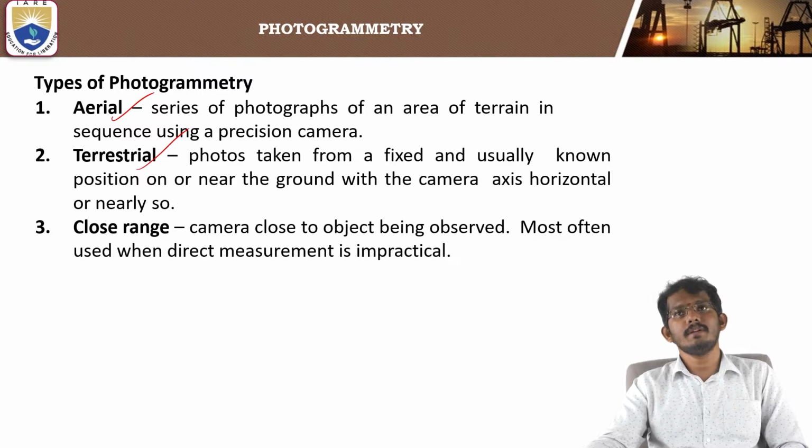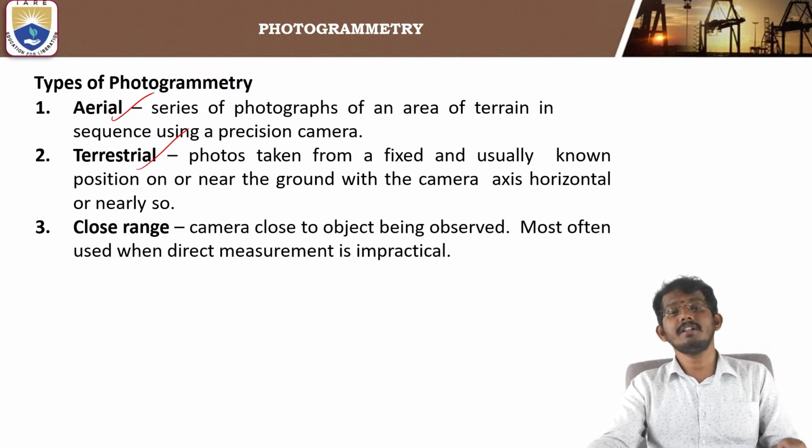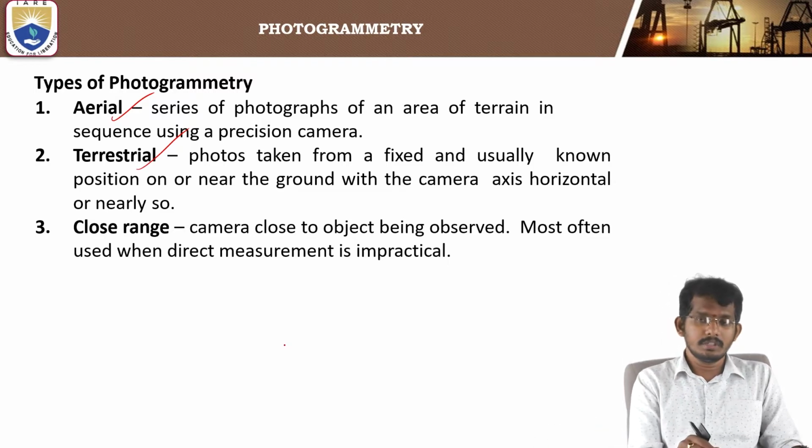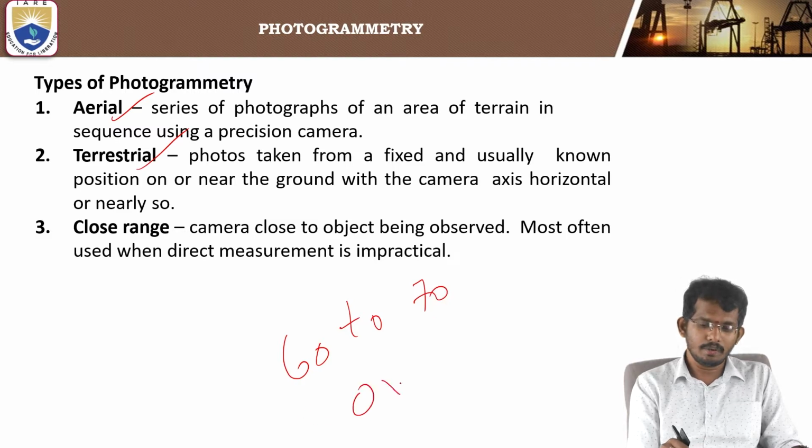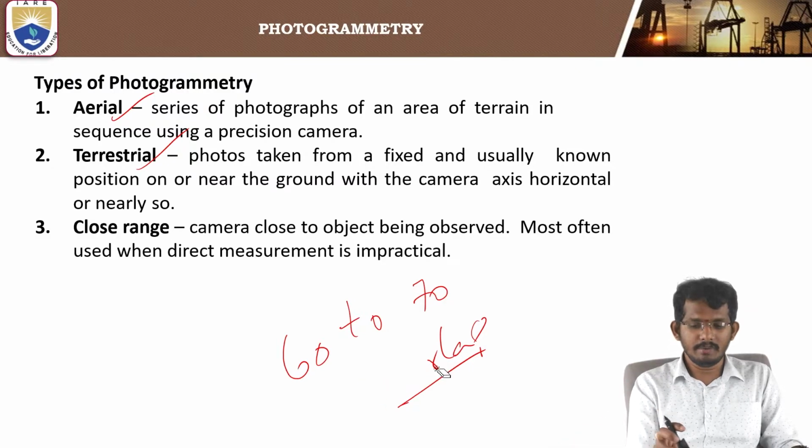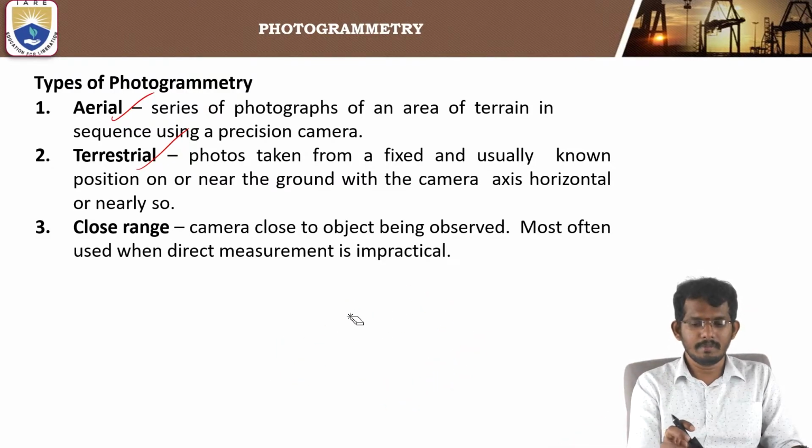Aerial photogrammetry is a method where photographs are captured using airborne vehicles moving at a constant velocity from the ground surface, and these vehicles capture photographs of the required area by overlapping 60 to 70% of the previous image. That is called aerial photogrammetry.